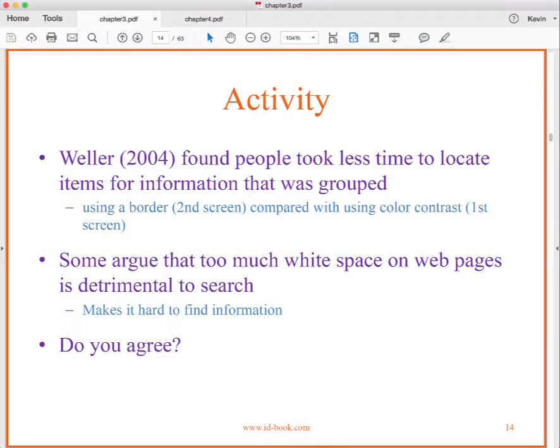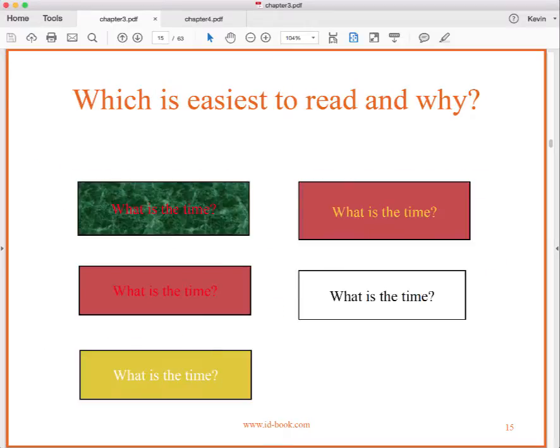So the next area that we're going to talk about, in fact, we're still talking about perception, but now there was an activity in the chapter, okay? And so they talked about the two things that we just took a look at. So we've already talked about this.